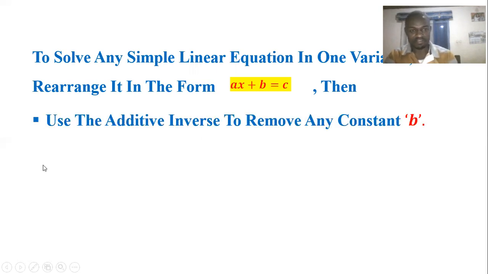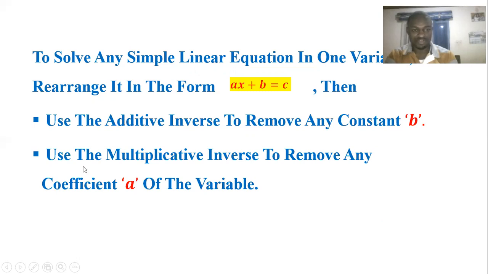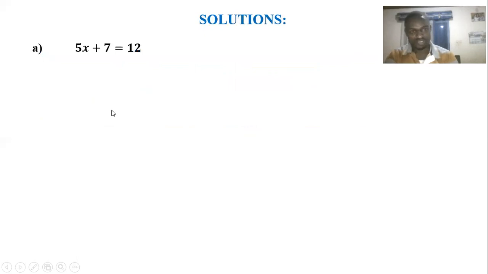We use the additive inverse to remove any constant b, and we use the multiplicative inverse to remove any coefficient a of the variable. When these two are already in mind, we now look at the solutions to the given examples above.